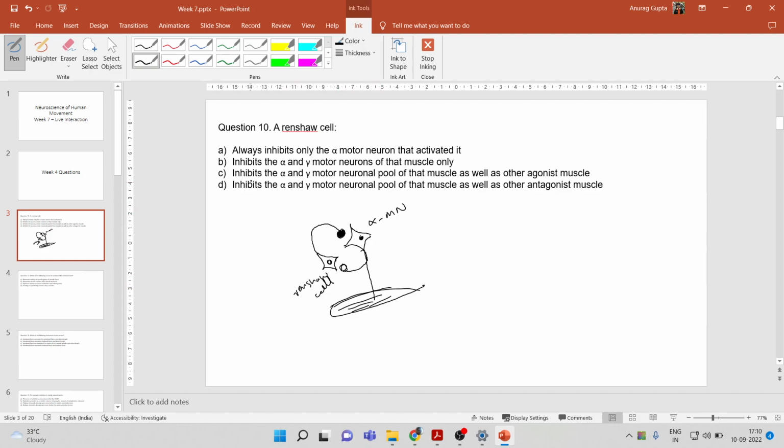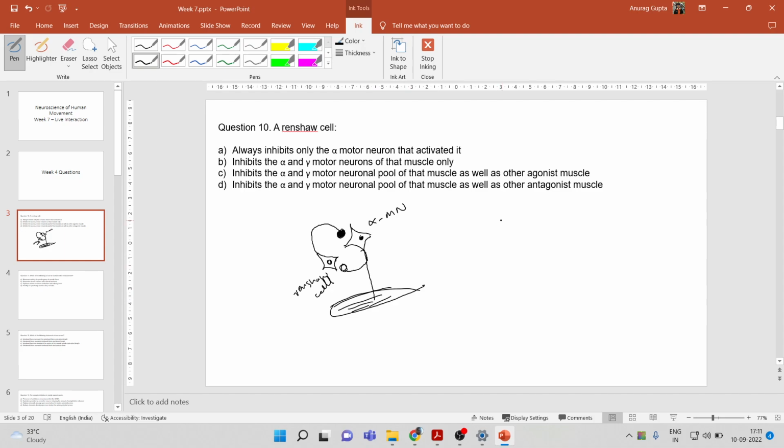So the answer is it inhibits the alpha and gamma motor neuron pool of that muscle, as well as the other agonist muscles, which have alpha motor neurons that assist in the agonist muscle's action.